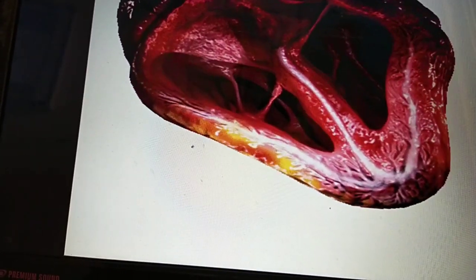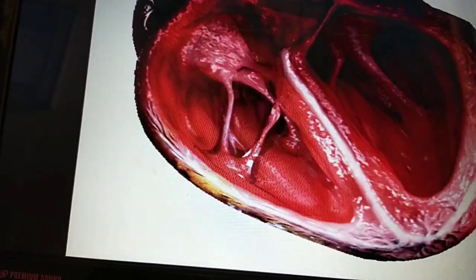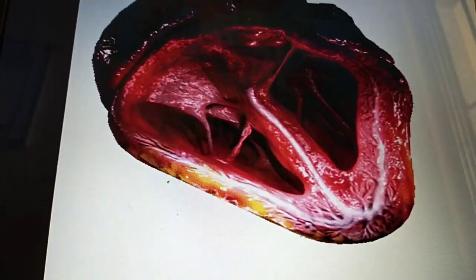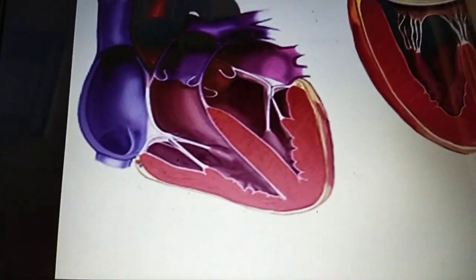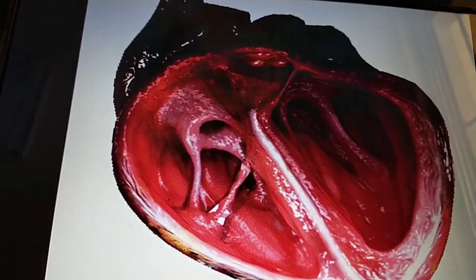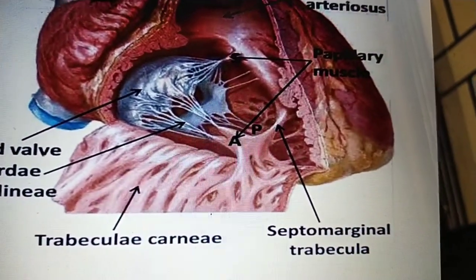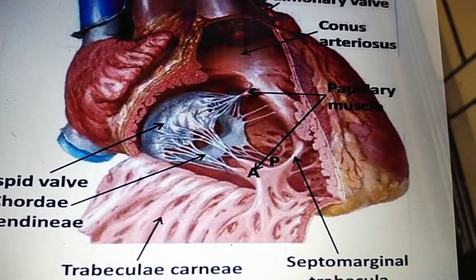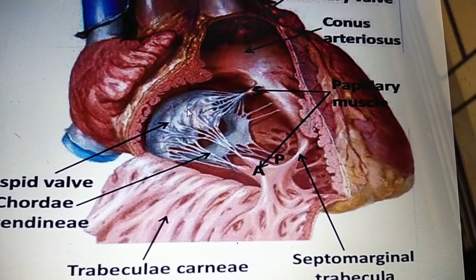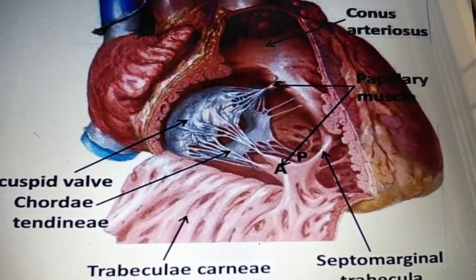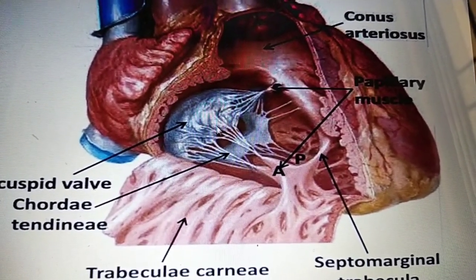You can see the trabeculae carneae also. Now we can go to some structures. This is a valve of the heart, the atrioventricular valve or tricuspid valve.